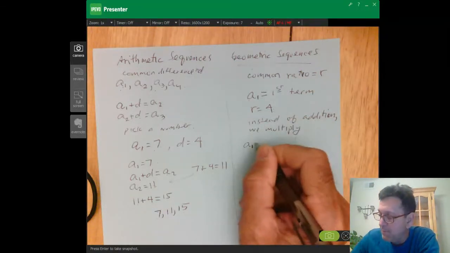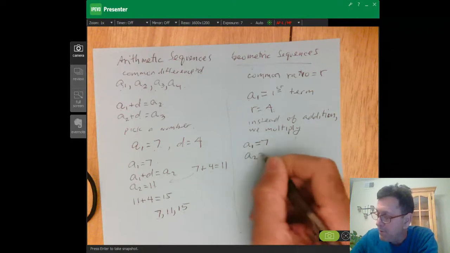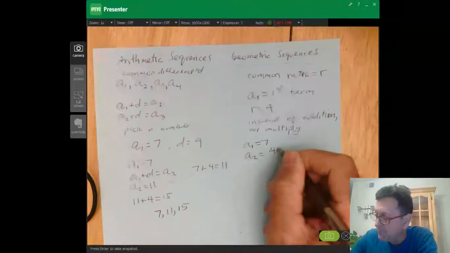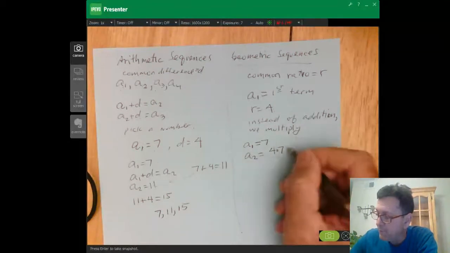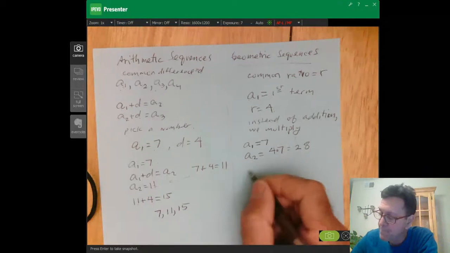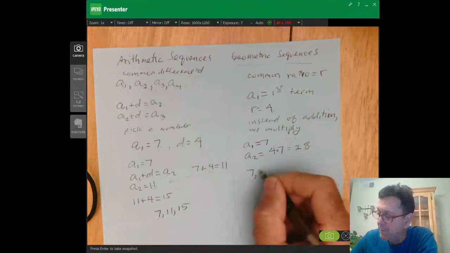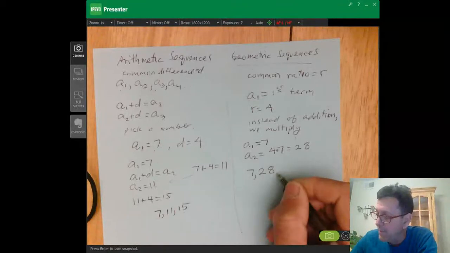So A sub 1 equals 7. A sub 2 is going to be 4 times 7. So A sub 2 is going to be 28. So our first term will be 7. Our second term will be 28.